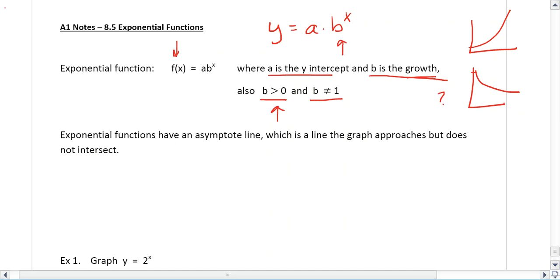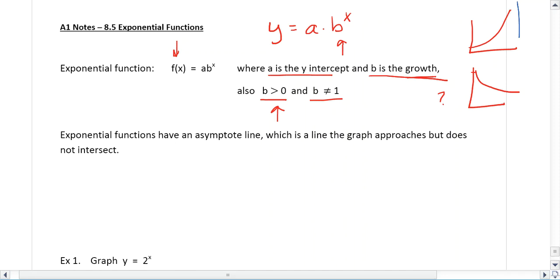Now, both of these exponential graphs that I drew, they approach a line that they don't cross. This one, for instance, it's going to keep getting steeper and steeper and steeper, and it's never going to cross this blue line. I'll try to extend it a little further.